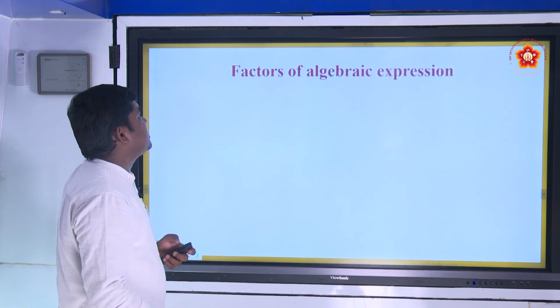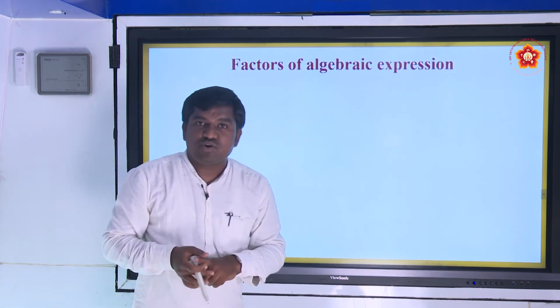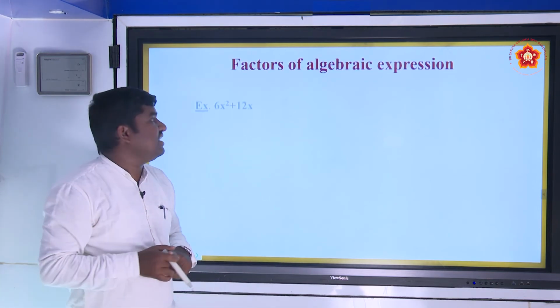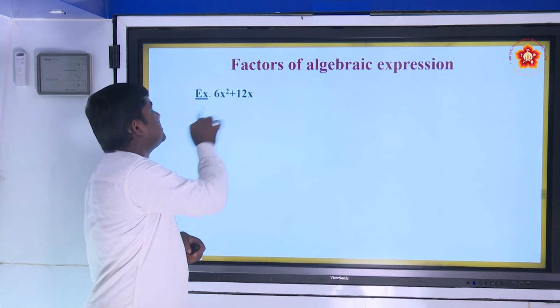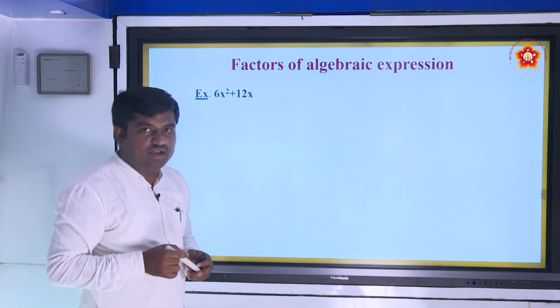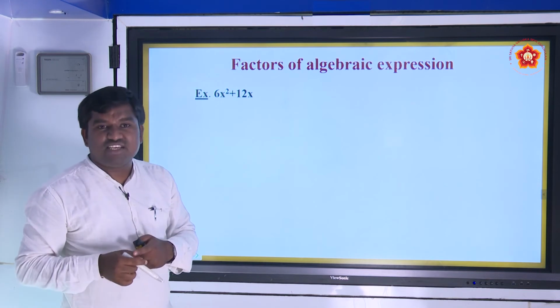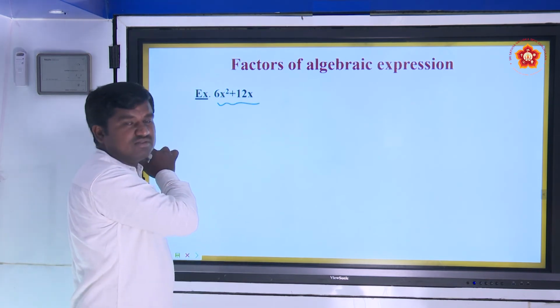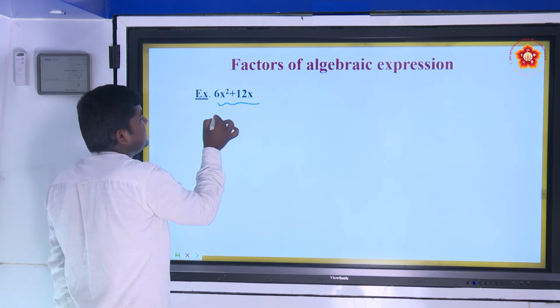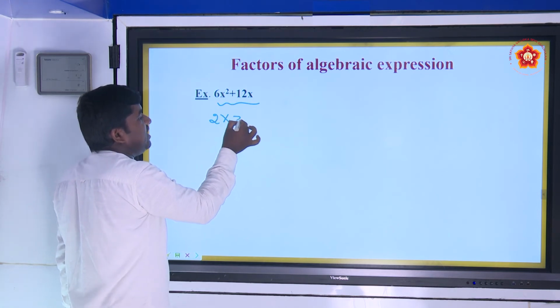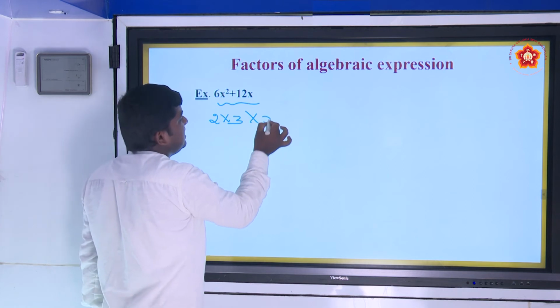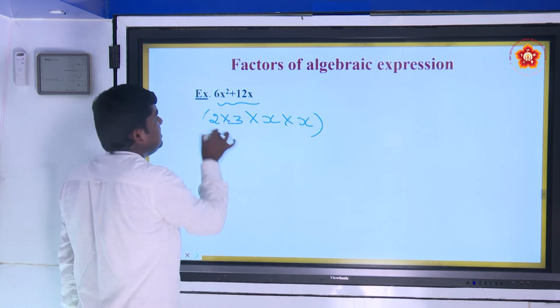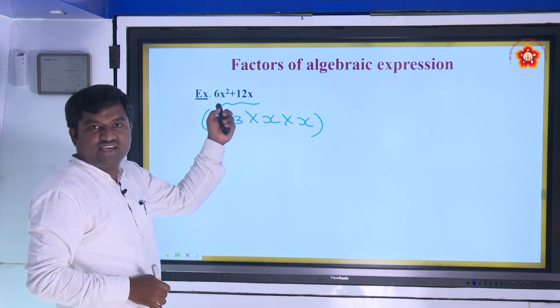Next, factors of an algebraic expression. Suppose 6x square plus 12x is there. In this, which is common? We will write 6x square as 2 into 3 into x into x. These are the factors of 6x square.